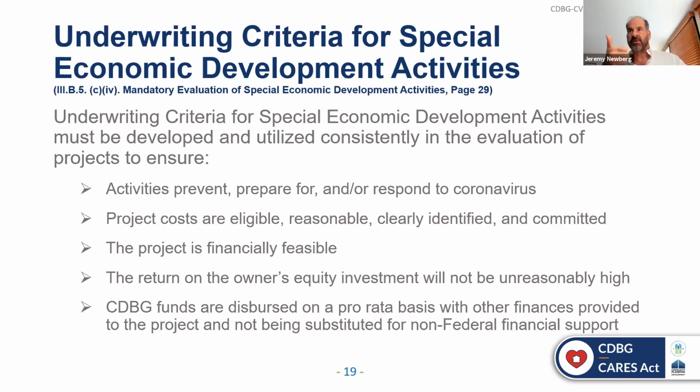Is it cost reasonable? Are we avoiding undue enrichment? Will the business be viable as a going concern? Well, if you load a business up with debt that they have to service as they're recovering from the pandemic, just be careful you're not setting them up for failure. And then most importantly, be explicit on your tie back to the coronavirus. Thank you.